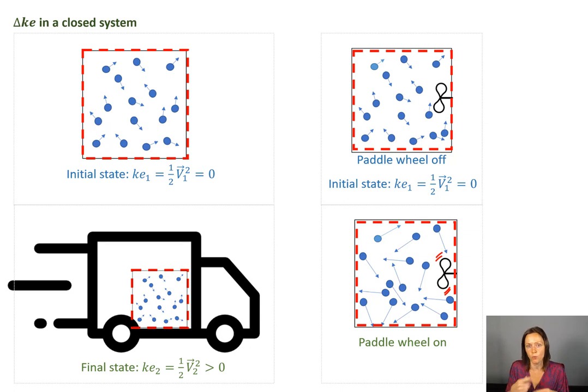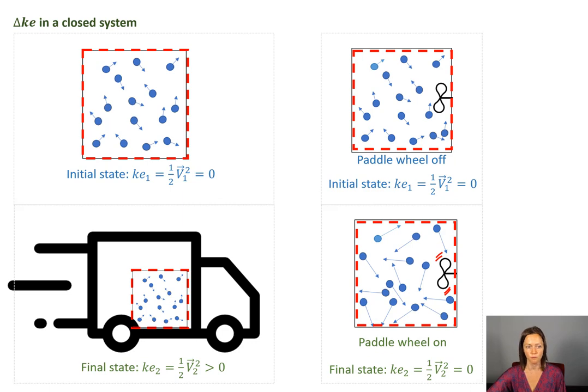And so the paddle wheel starts to move and the molecules in there start to move with a greater microscopic velocity. What would be the kinetic energy, the macroscopic kinetic energy of the system as a whole now? Well, it turns out the kinetic energy would still be 0 because the whole system is not moving. So just be aware of that.